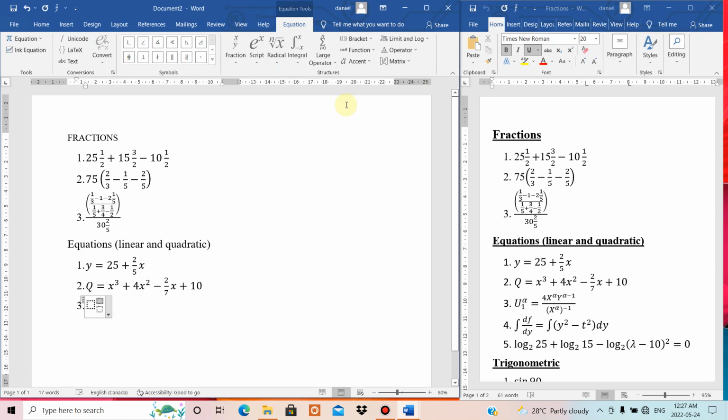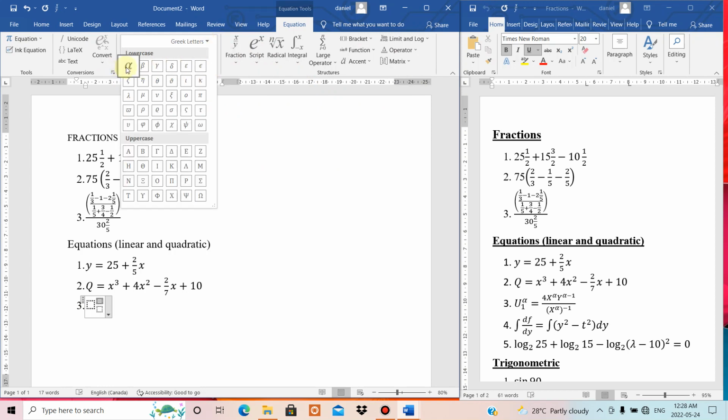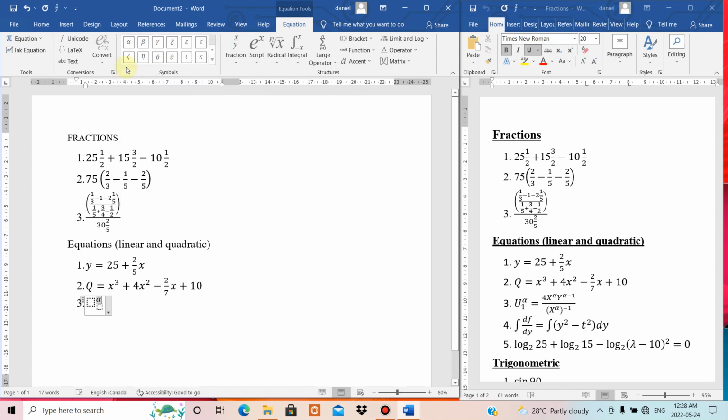Our superscript is alpha. So you go to symbols, go to Greek letters and you navigate to alpha. The variable is u and the subscript is 1. So we are done with the first one.